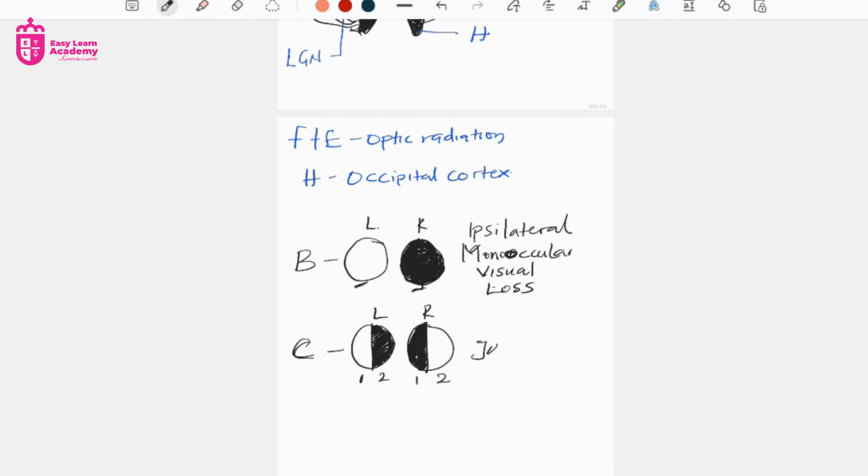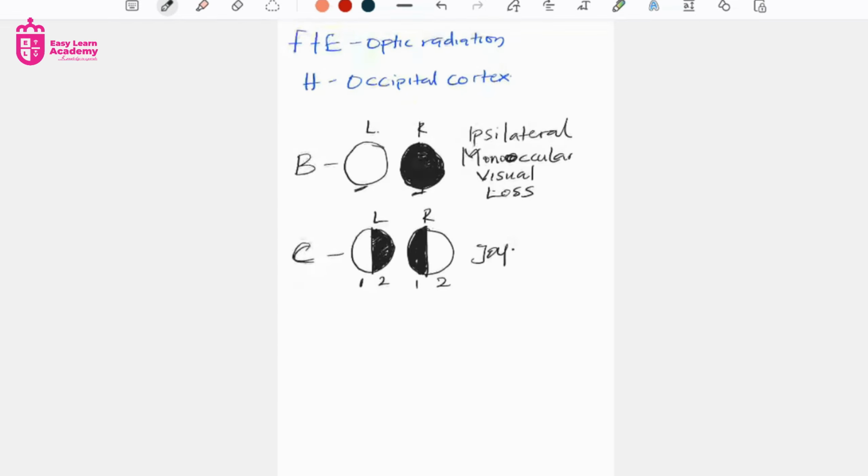Wait. So this is Joy. Let's put another person. Dr. Sanusi, what did you draw? Is Dr. Sanusi around? Hello, can you hear me? Yeah.